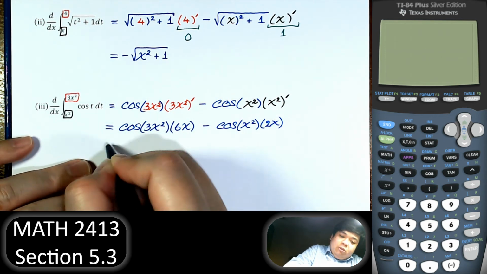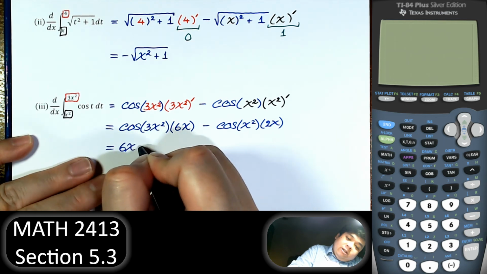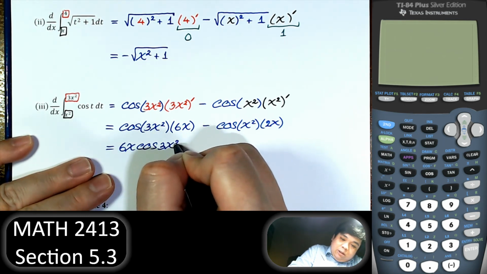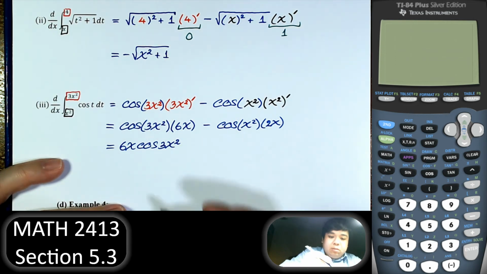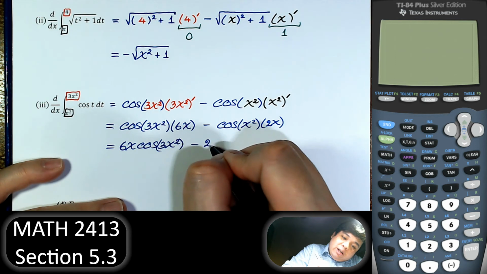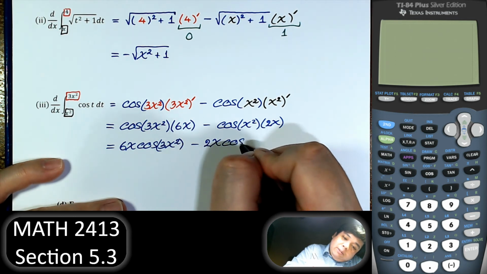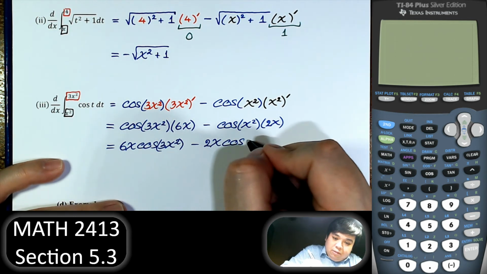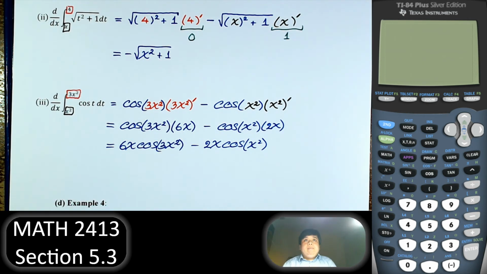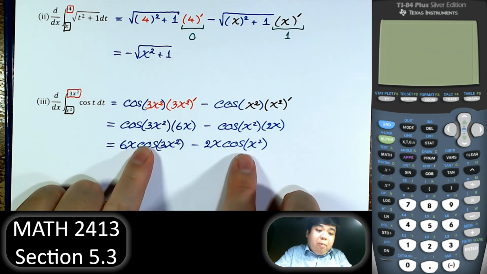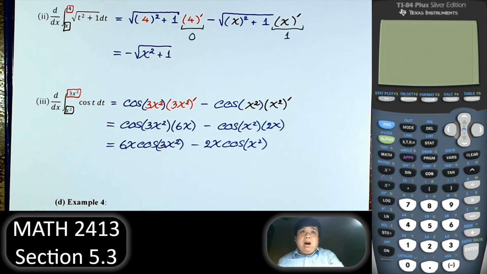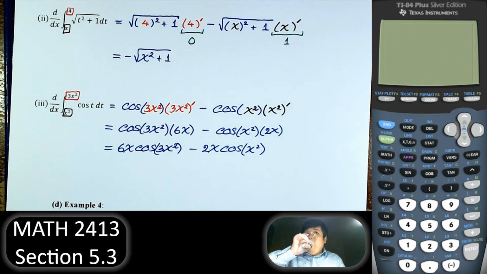Right, I can move the 6x in front, and then the 2x in front. Notice that we cannot combine these two, cosine of 3x squared and cosine of x squared, so that's as far as we go.